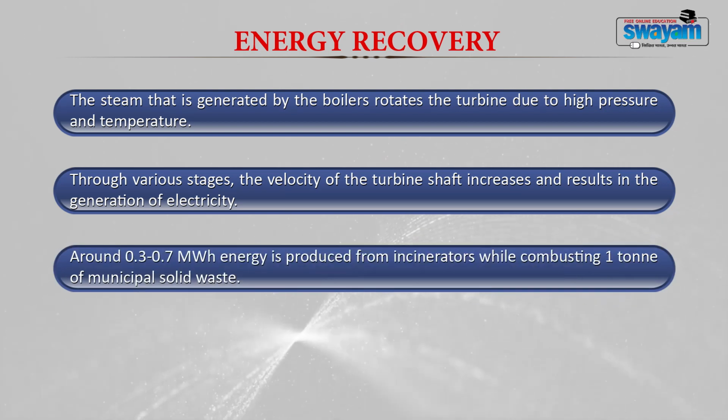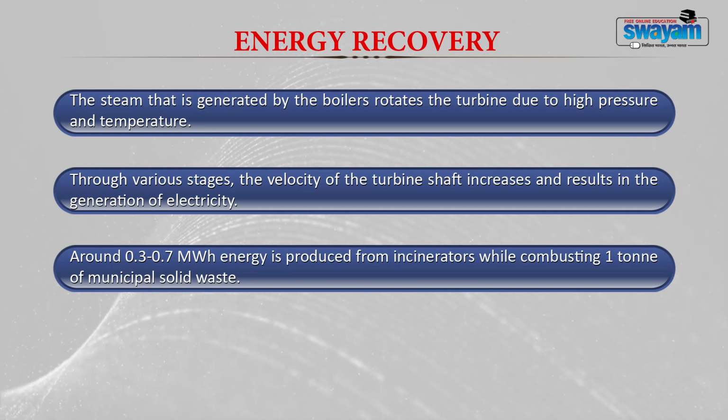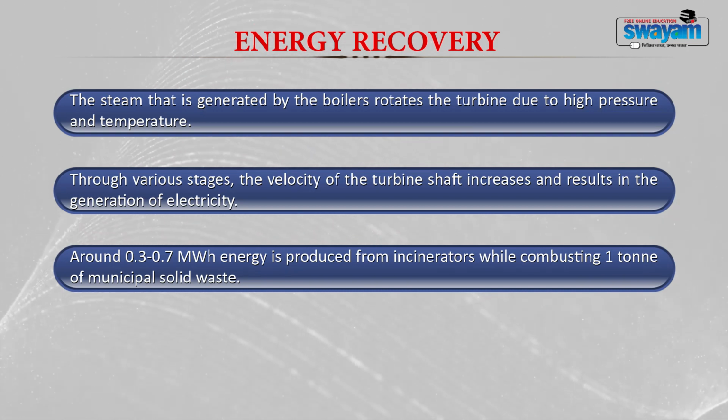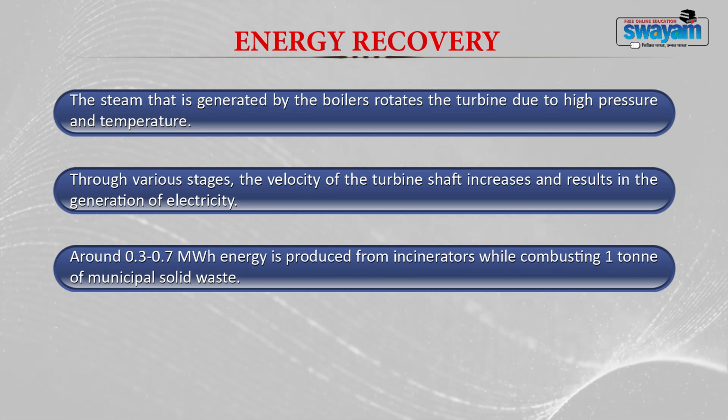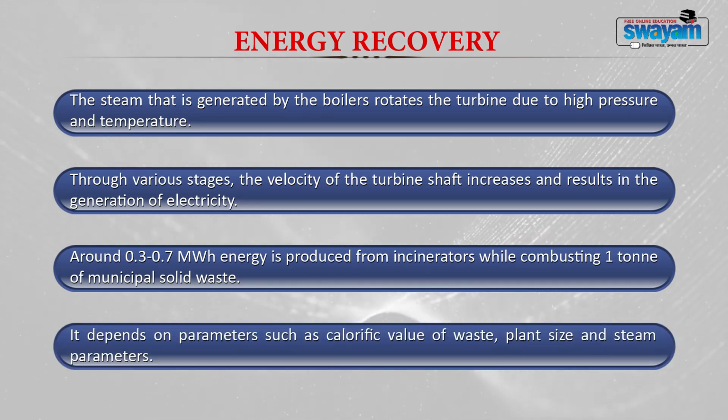Overall, around 0.3 to 0.7 megawatt hour of energy is produced from the incineration process when you combust 1 ton of municipal solid waste, and this depends on various factors we discussed earlier, like the calorific value of waste, plant size, steam parameters and so on.